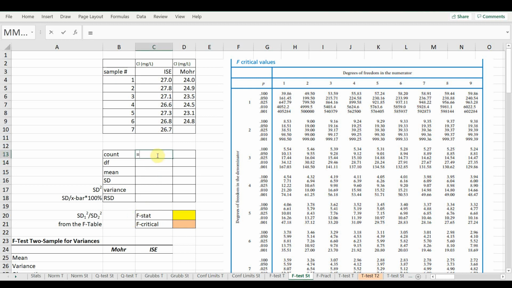For the count, tab, scroll over the argument, 7, and we can pull that across. So there's 6 samples for the Moore method, 7 for the ISE. The degrees of freedom will be equal to the count minus 1.